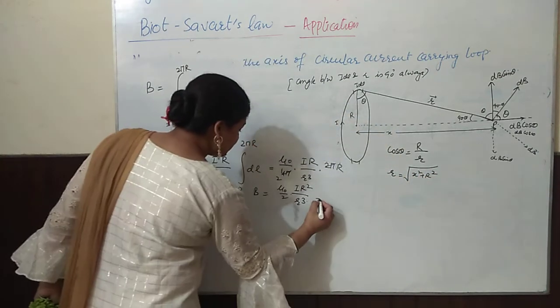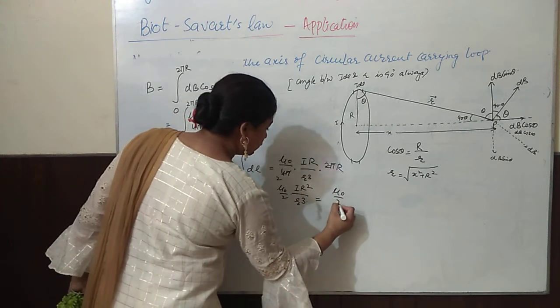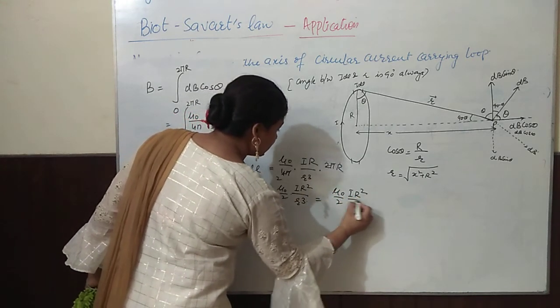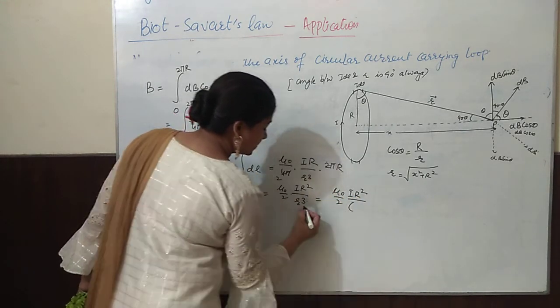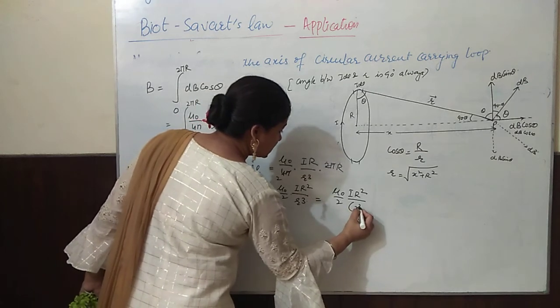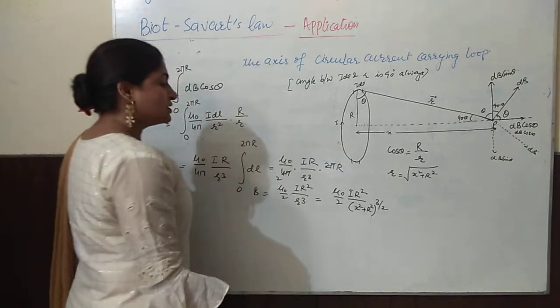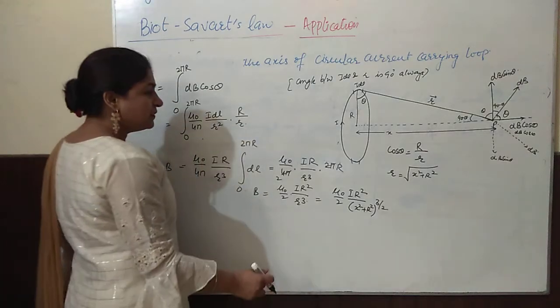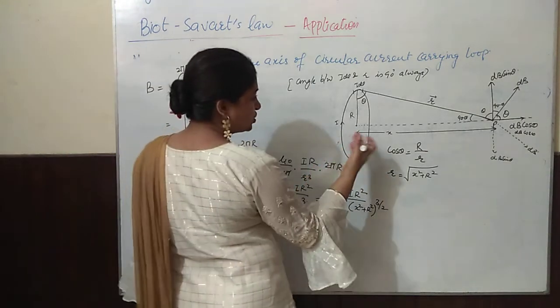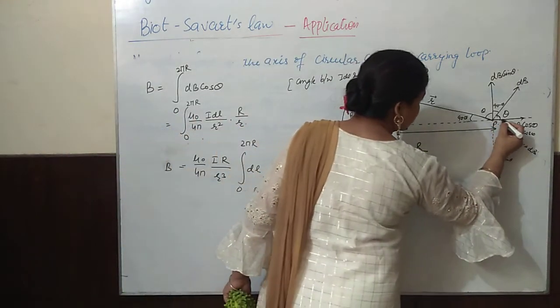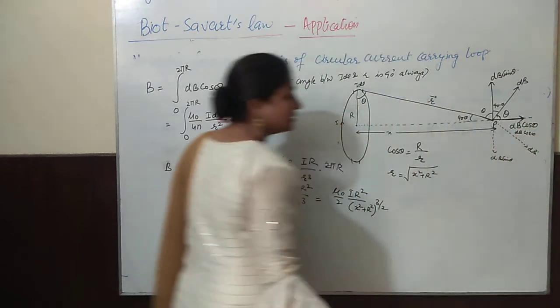So this can be written as mu naught over 2, I r square over this cube, so x square plus r square raised to power 3 by 2. So this is the expression for the magnetic field, and you see the direction of the magnetic field is in this direction along the axis.